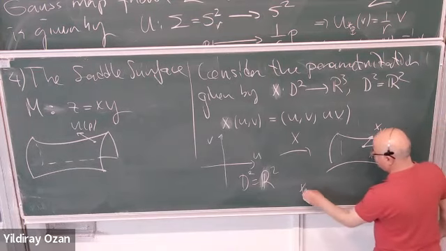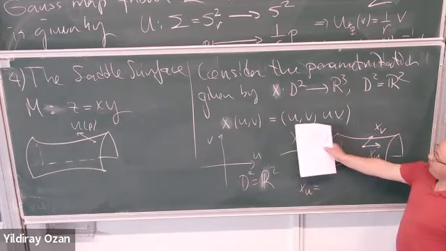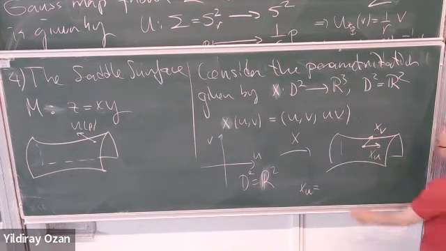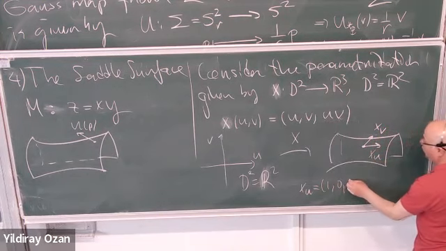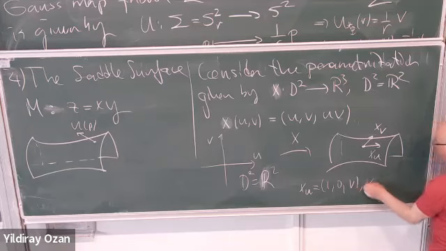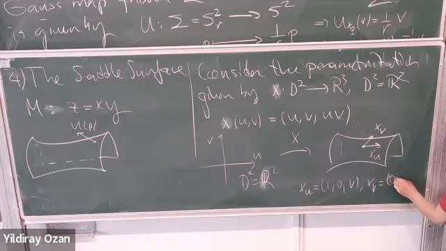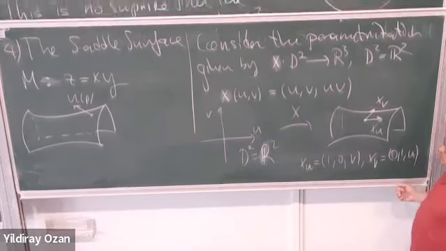So what is x sub u? Derivative of this along u is just 1, 0, v. And what is x sub v? Derivative of this along the variable v is 0, 1, and u. Right? We just take derivatives of the coordinate functions.